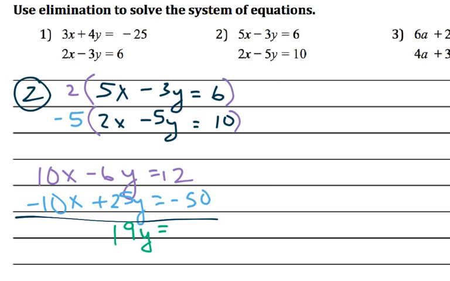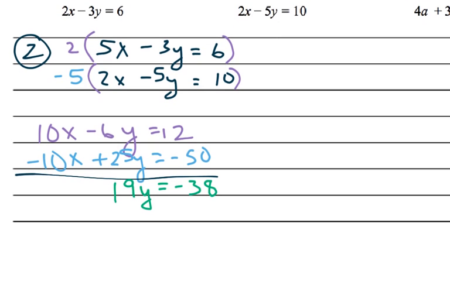So then I do 50 minus 12 is 38. Got to make sure I keep it negative. That's another area where you can commonly make a mistake. Divide by 19, and maybe you're getting that warm, fuzzy feeling of having a nice integer there and not a fraction. So I got y is negative 2.